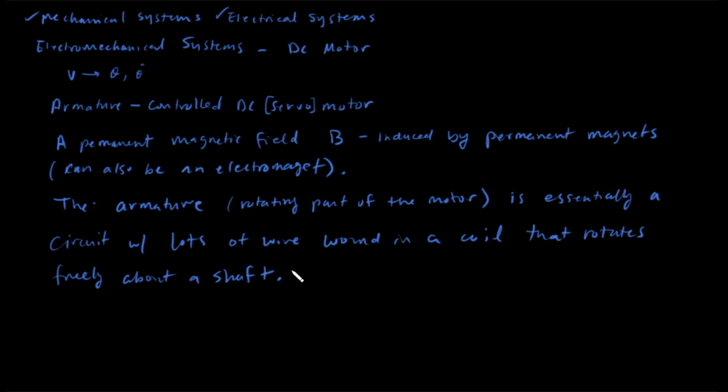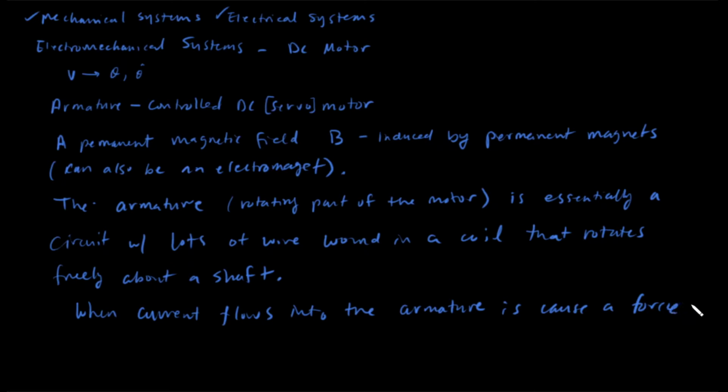So when current flows into the armature, it causes a force due to the magnetic field B according to the Lorentz force law.